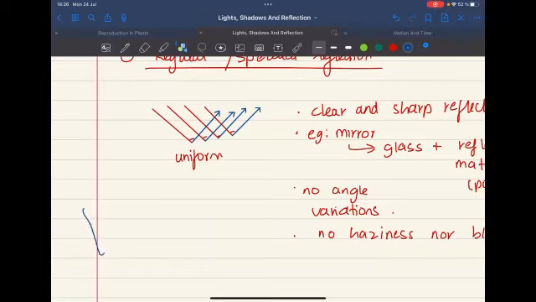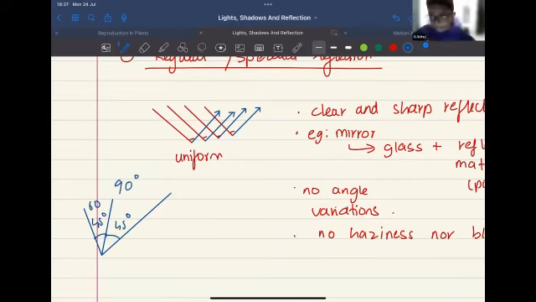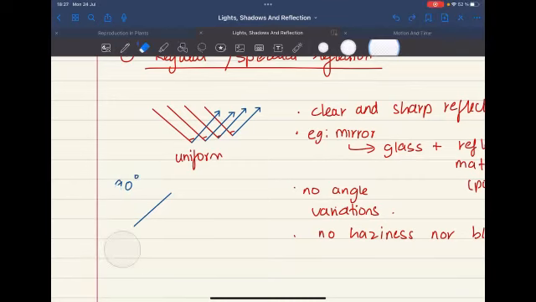It's just reflected in such a way that the angle between the incident ray and the reflective surface is the same. So if this is 45, this is also 45. If this is 60, this is also 60. You just need to know that the incident and reflected angles are the same. Now, for example, you might get a sum like this.